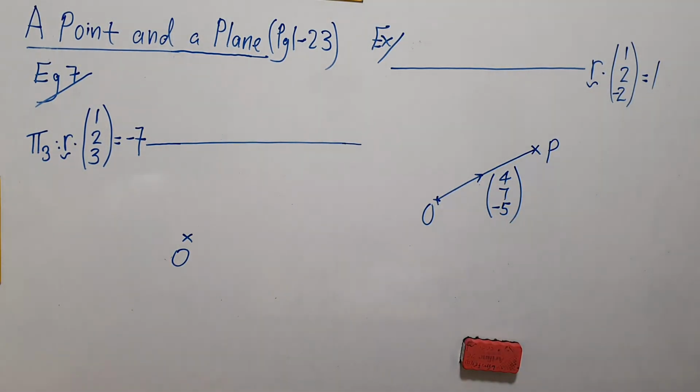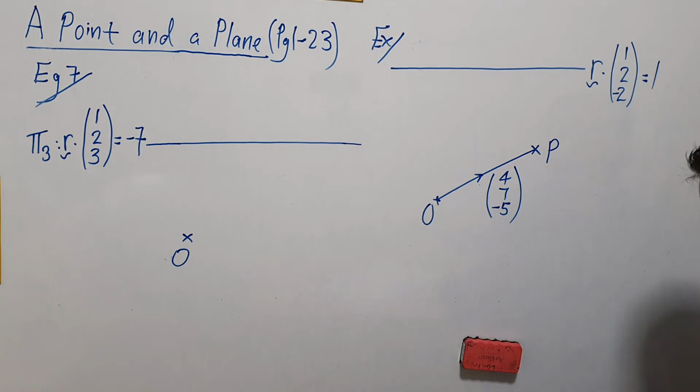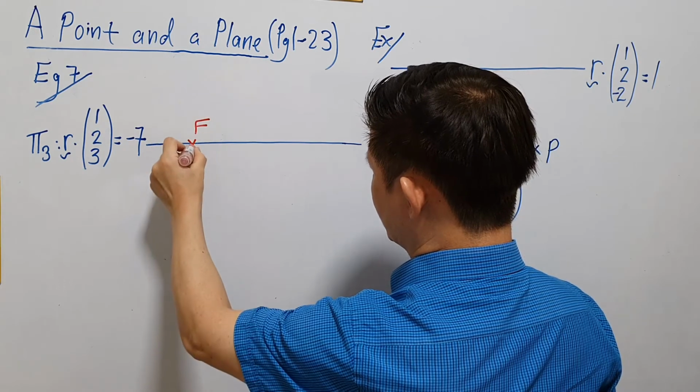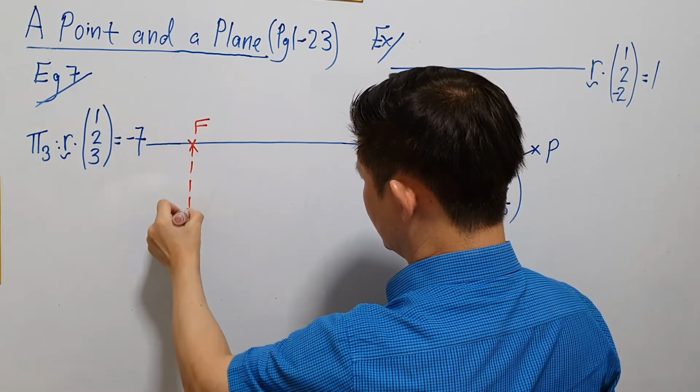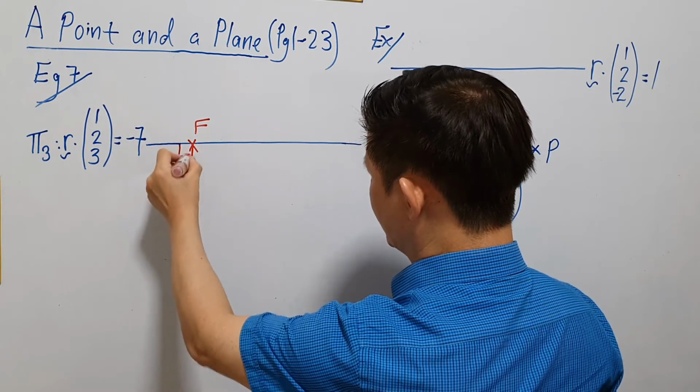So now in this case, you are interested in example 7 that's found on page 123, to find the foot of perpendicular from, in this case, the origin to the plane. So where's the foot of perpendicular? The foot of perpendicular is actually here, where this is at 90 degrees.